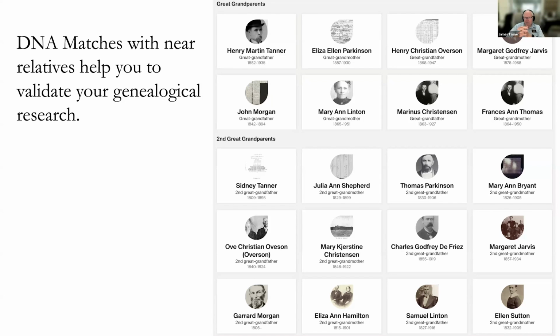These are the people that I've researched over my life, and it's comforting to have taken a DNA test that shows me that I actually am related to all these people. That means, on a scientific DNA testing level, every one of these people is confirmed by the DNA matches that came first. This one came from Ancestry.